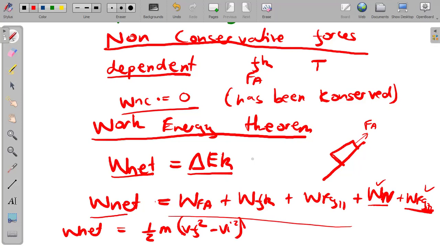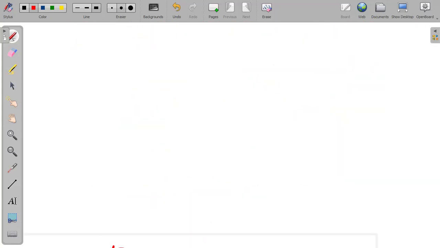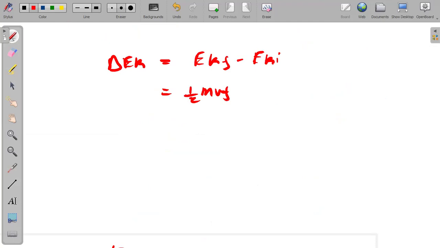Where is that formula coming from? It's not saying much actually. We are simply saying that if delta Ek is equal to Ekf minus Eki, then it means also that half m Vf squared minus half m Vi squared.